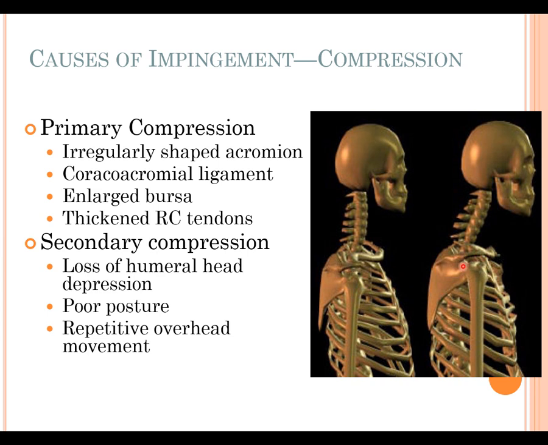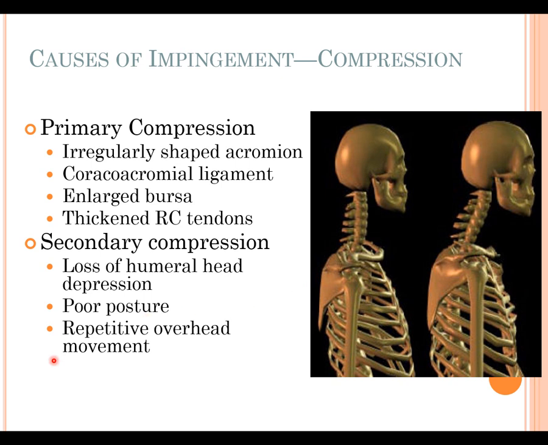When we look at this one, because we have forward shoulder posture, we actually have more space in the front and less space at the back. So this forward shoulder posture is actually decreasing the space in the subacromial arch. And because there's just decreased space in general, if they do overhead activity, there's less space to work with, so those structures are going to get pinched.